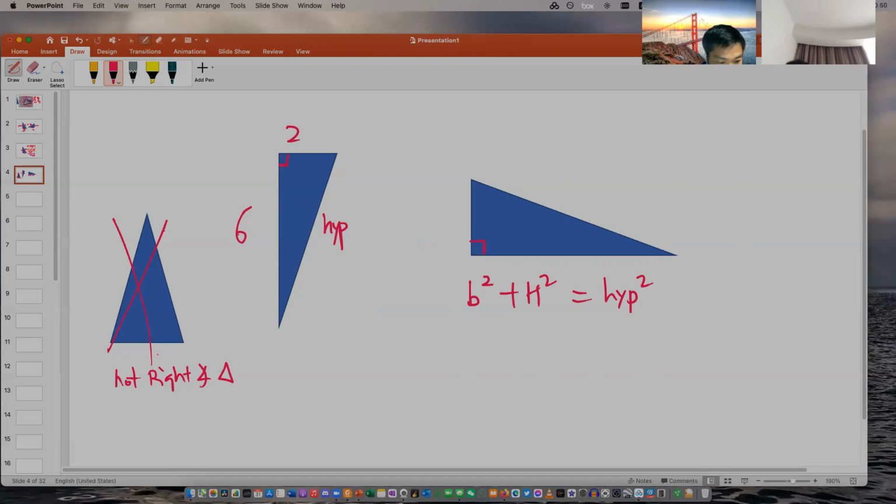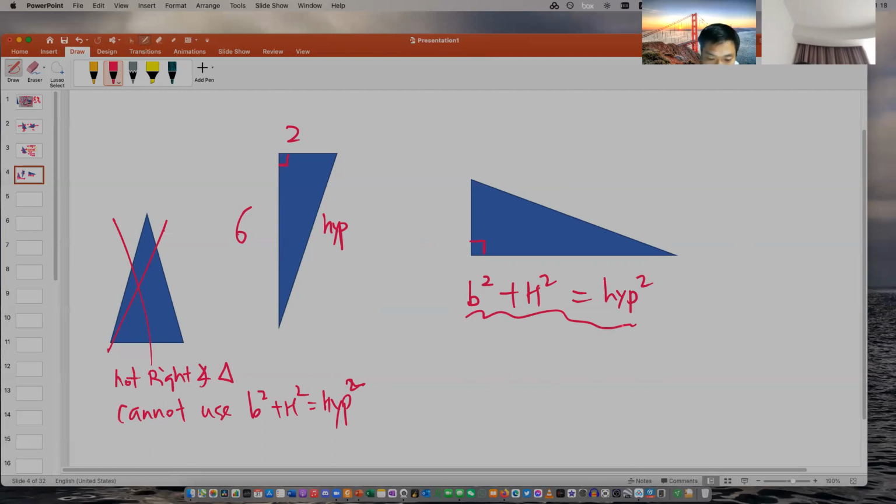If it's not a right angle triangle, you cannot use the formula b square plus h square equals hypotenuse square. So please take note of this. Don't just apply it; make sure it's a right angle triangle first. This formula only works for right angle triangles.